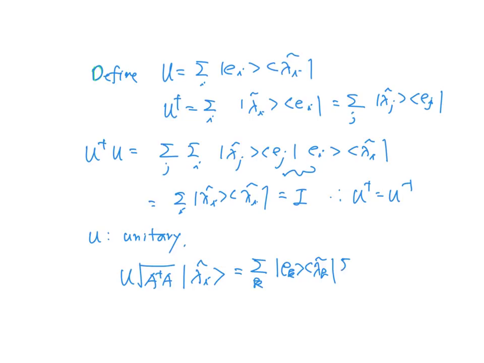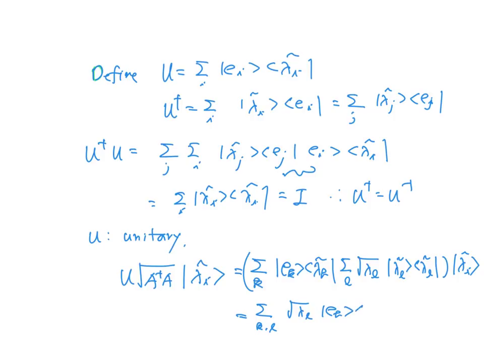And we have L, square root of lambda L, and lambda I. The first thing is the sum over k and L of square root of lambda L, E k, lambda k, lambda L, lambda I.